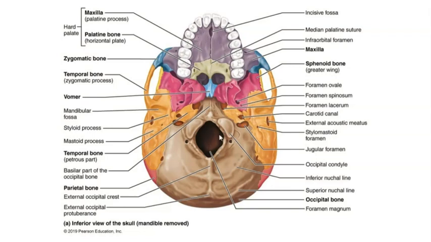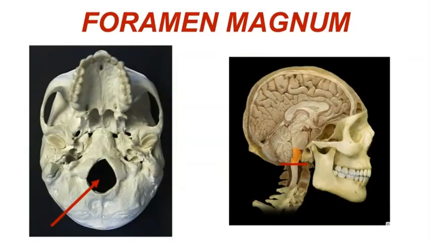And of course, another thing that's very apparent from this viewpoint is this very large opening in the base of the skull. That's called the foramen magnum. Now, the foramen magnum, which literally just means large opening, is found on the inferior side of the occipital bone.